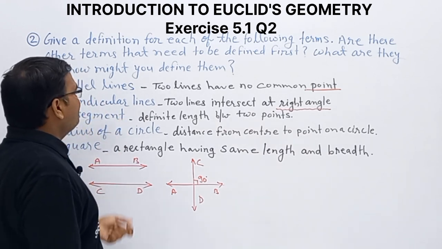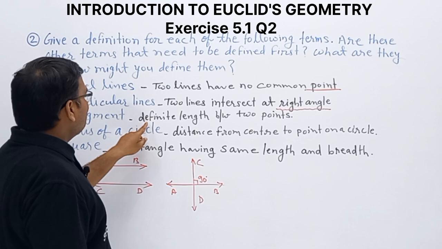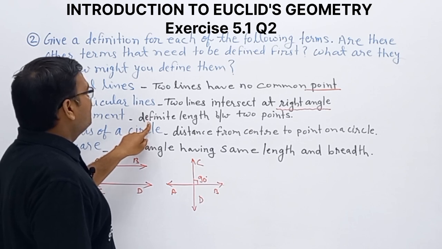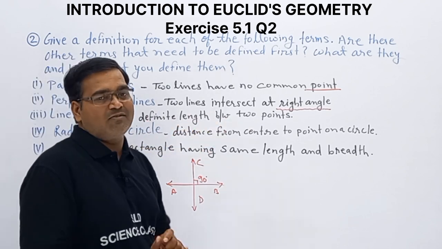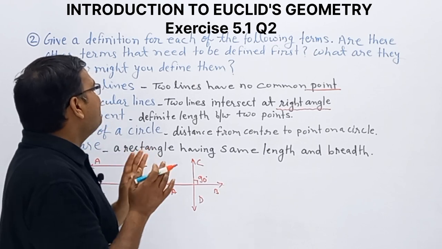Now next one, line segment. How will we define a line segment? A line segment has a definite length between 2 points.